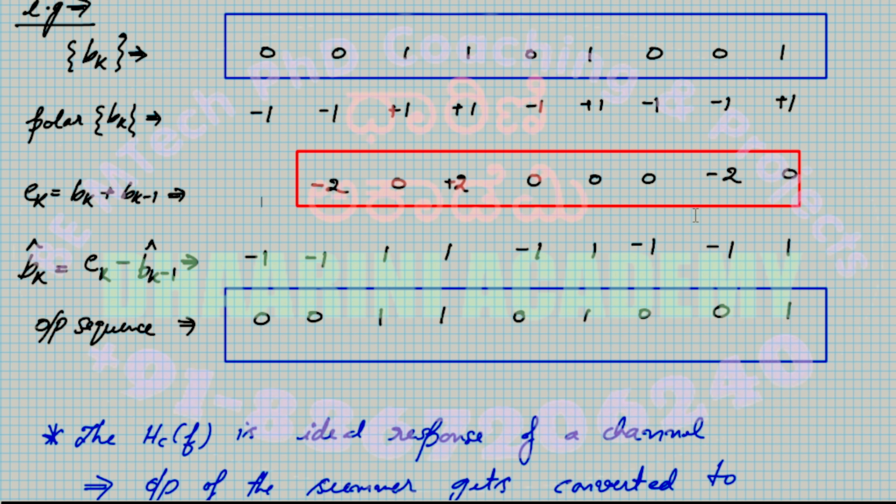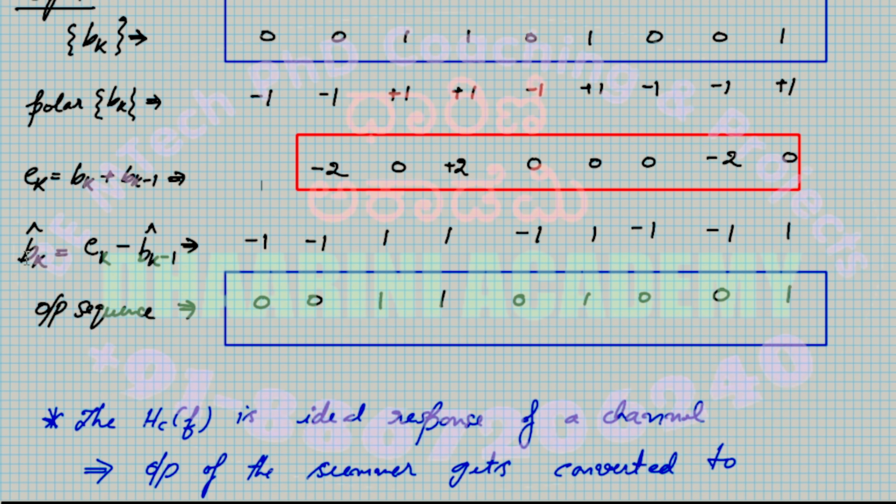Now I need to decode this because I want to come back to the original signal. There is a BK minus 1. Whatever was your polar format, you write it over there, and from the CK you subtract. So this is minus 2, minus of minus 1, so that becomes plus 1, so you get an answer of minus 1.